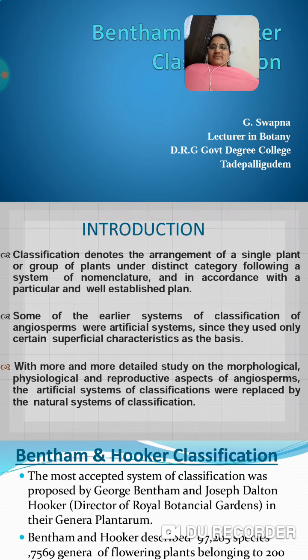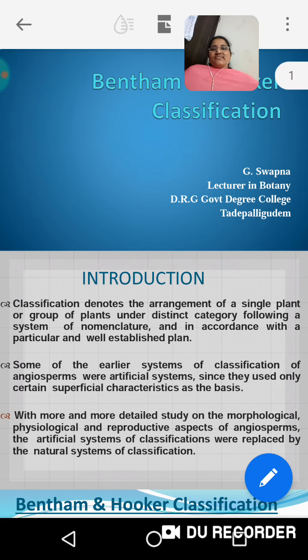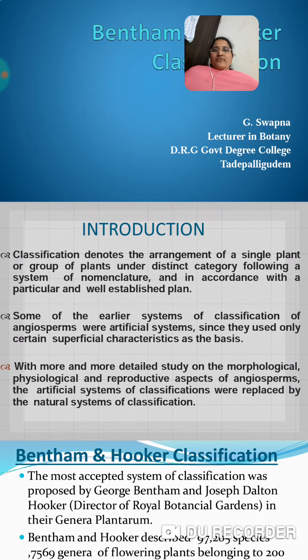So what does classification mean? After you identify the plant and name it, you start studying the plant. Scientists observe and study many characters of the plant, and based on the studied characters and the analysis, they try to group the plants under certain categories.